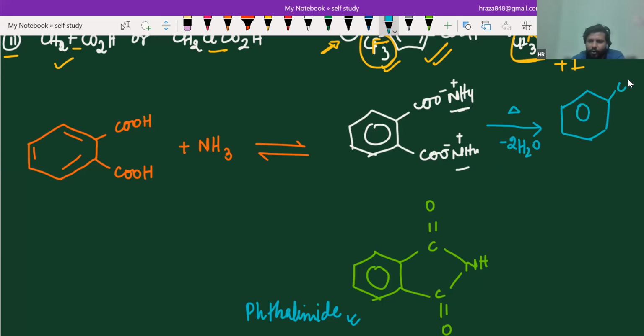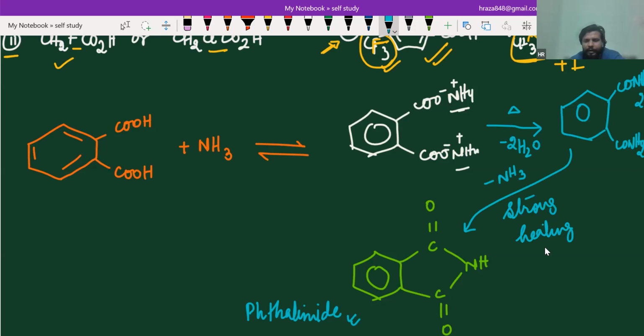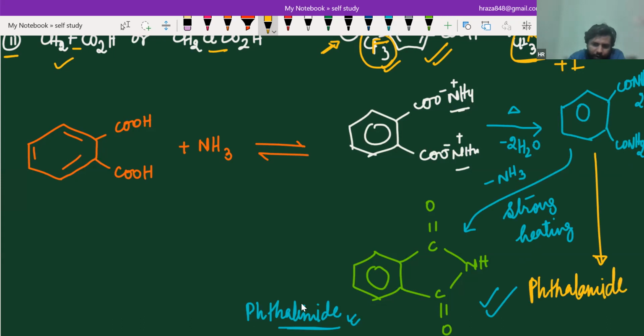Please make sure you are writing it correctly: CONH2, CONH2. After this, you are going to use strong heating. If you heat strongly, then this compound will form, which is known as phthalimide. Please do write. The difference you can see between this compound and this compound. Okay.